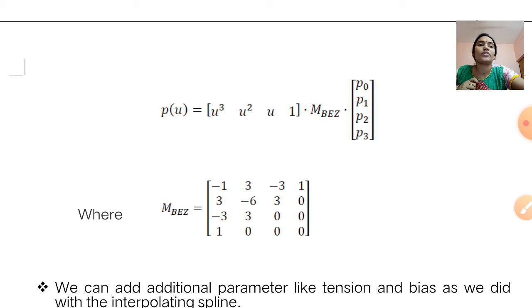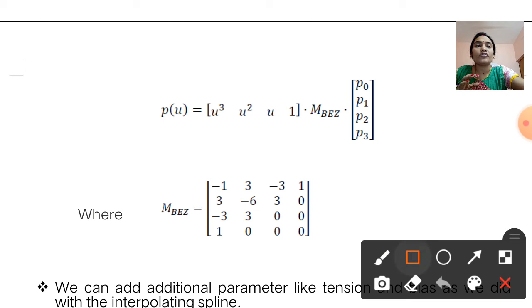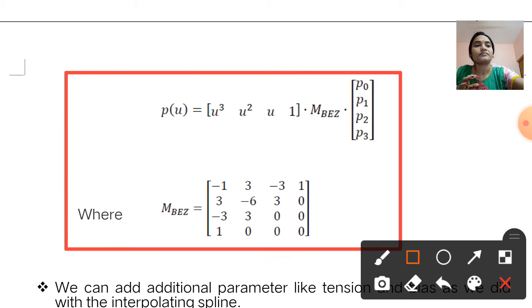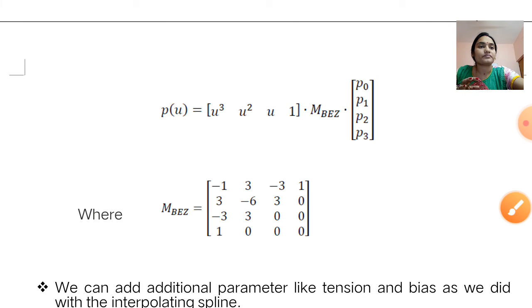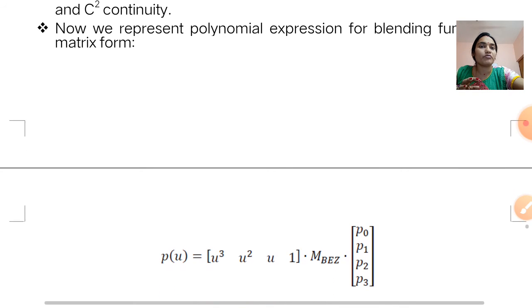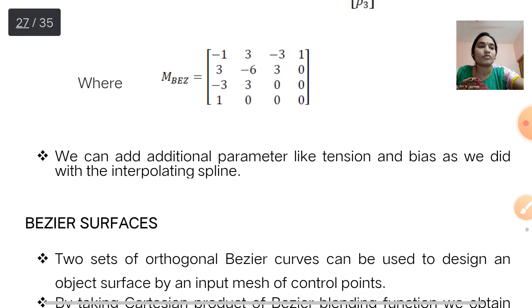So in this way the matrix form is represented. All of you remember this formula, the matrix form of the Bezier curve.